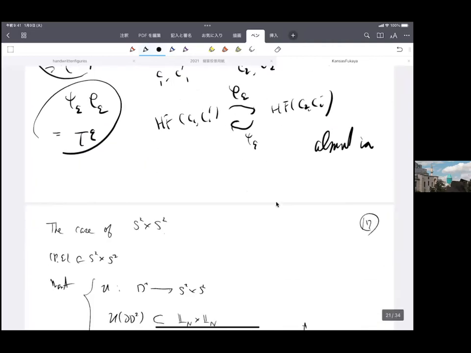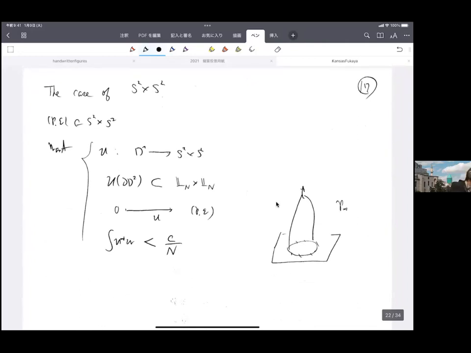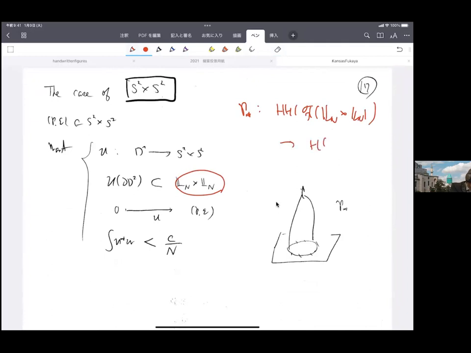So I want to mention a bit more non-trivial case, S2 cross S2. Something I want to show is that you take this Mn plus Mn. You have n S1 in the first factor and n S1 in the second factor, and you take all the sum. Then I want to show that this P star from the Hochschild homology of F Ln times Ln to the homology of S2 cross S2 contains t to the power maybe C over n of the identity.